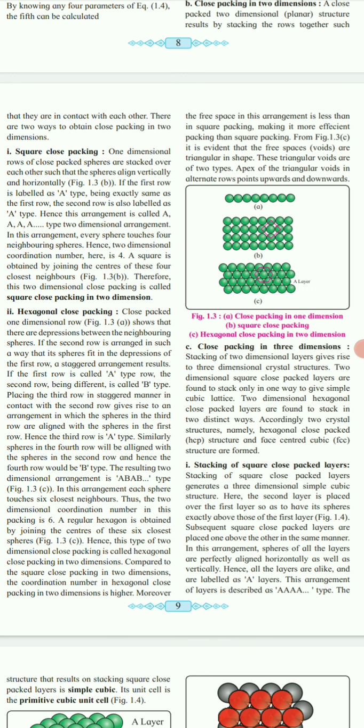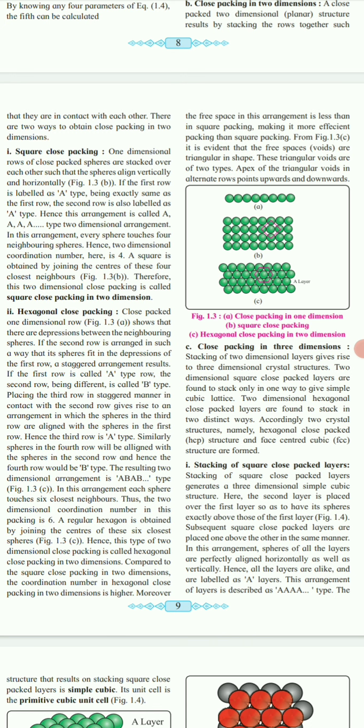Hence the arrangement is called AAA type 2 dimensional arrangement. In this arrangement, every sphere touches 4 neighboring spheres, hence the 2 dimensional coordination number here is 4. A square is obtained by joining the centers of these 4 closest neighbors. Refer figure 1.3b. Therefore, this 2 dimensional close packing is called square close packing in 2 dimensions.